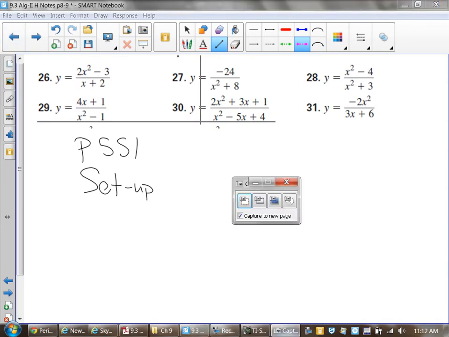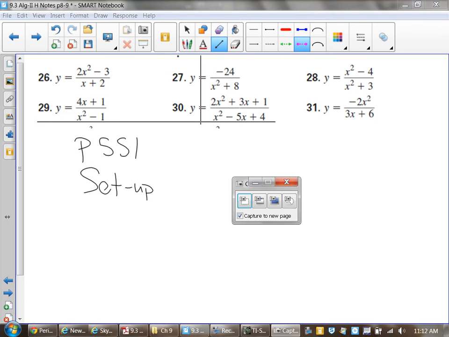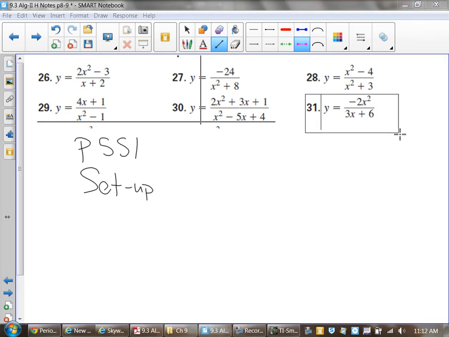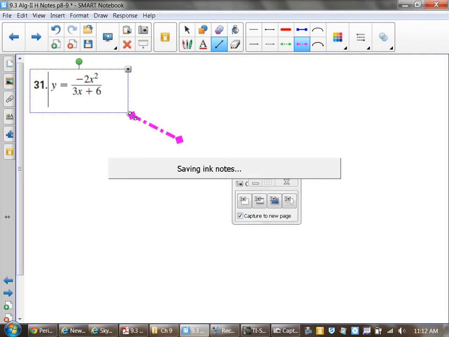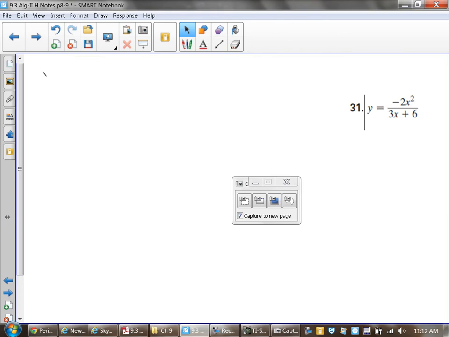And then lastly, my x-intercept is located where? 0.